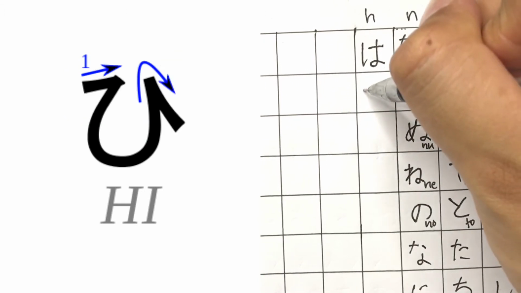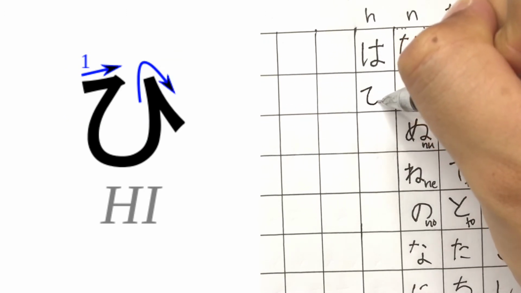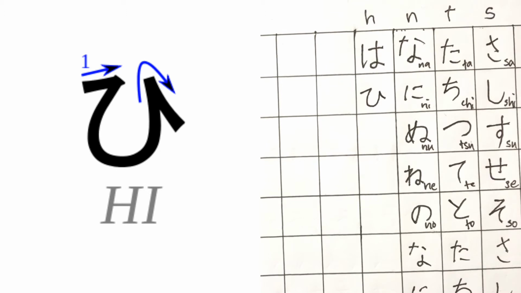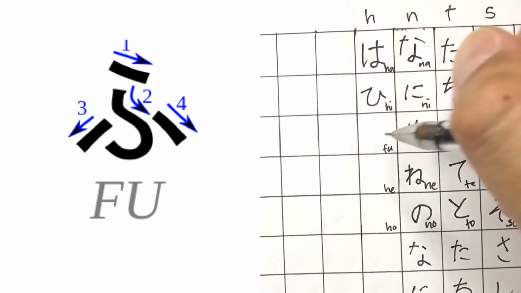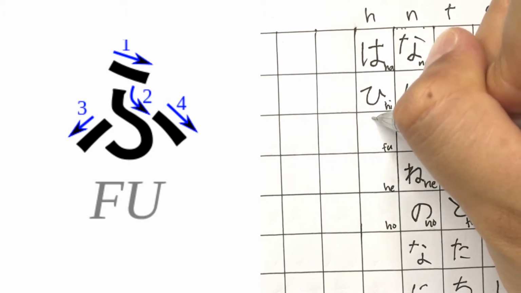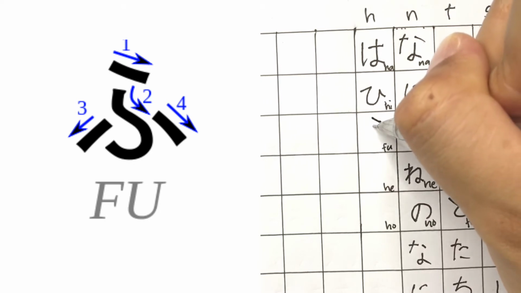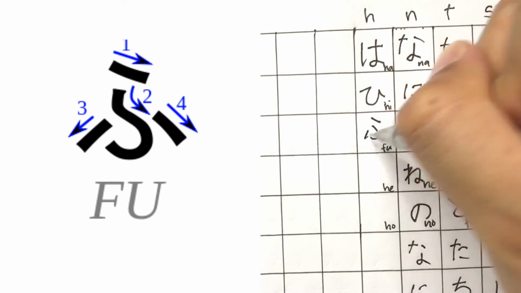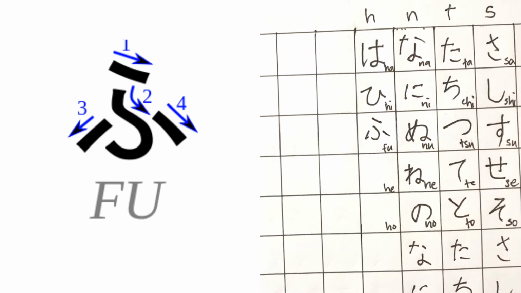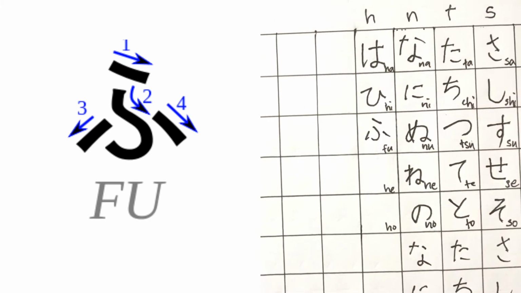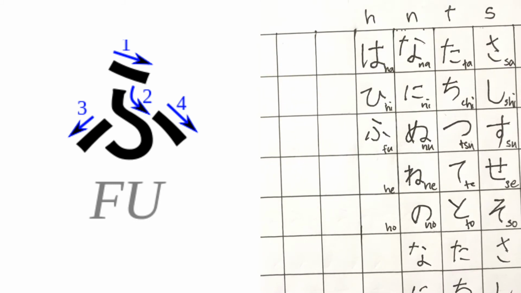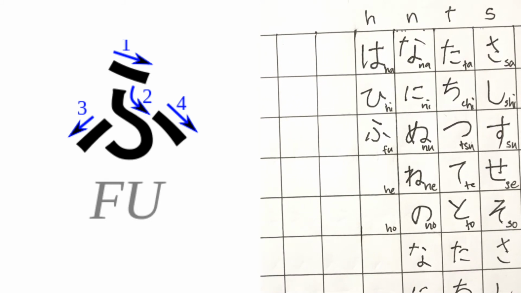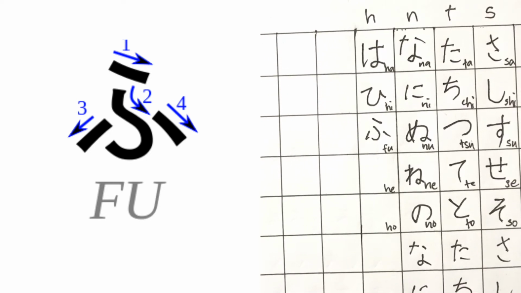Next character is hi, just like a smiling face. Fu has 4 strokes. 1, 2, 3, and 4. So we pronounce fu as slightly in the middle of H and F. We pronounce it as fu, fu.